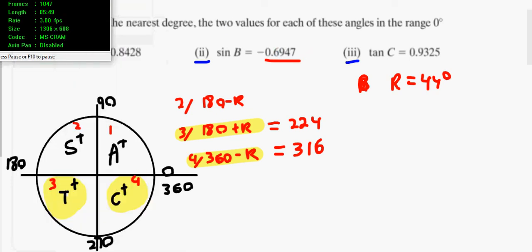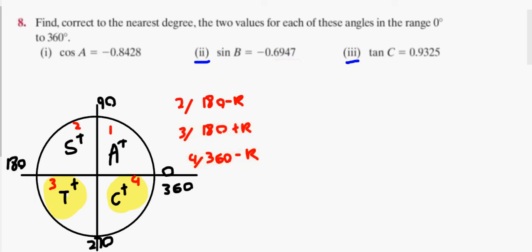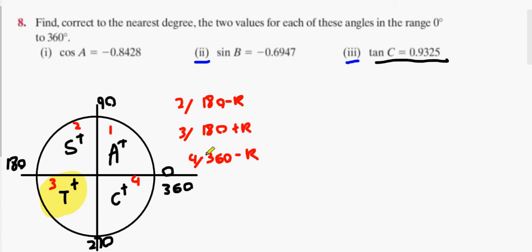Alright, now we're going to go on for another one. We're going to go for tan is positive. Now if tan is positive, that only happens in two quadrants. It happens in quadrant 3, which is this one here. And it also happens in quadrant 1.